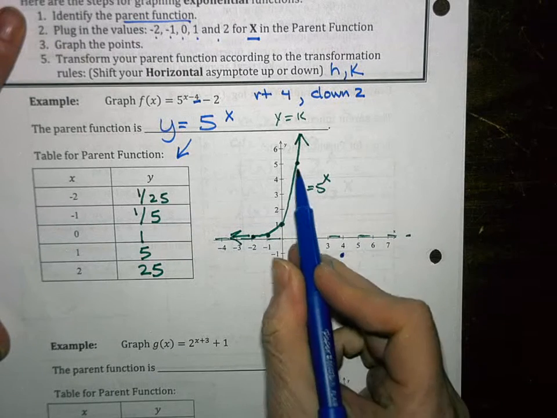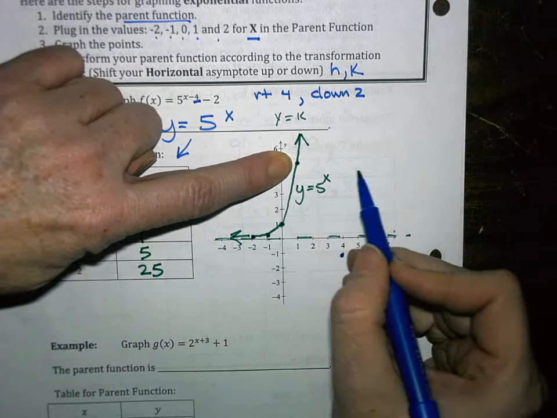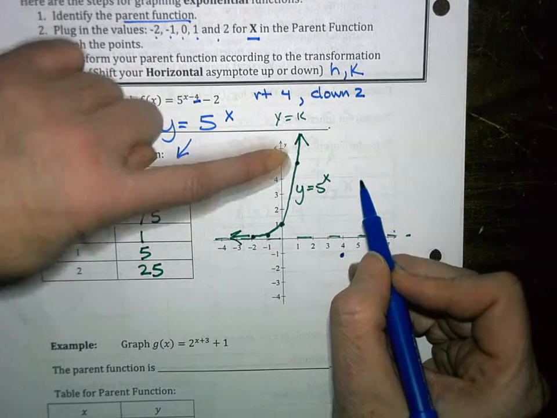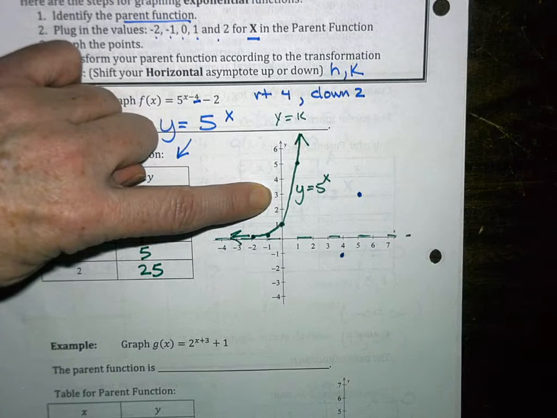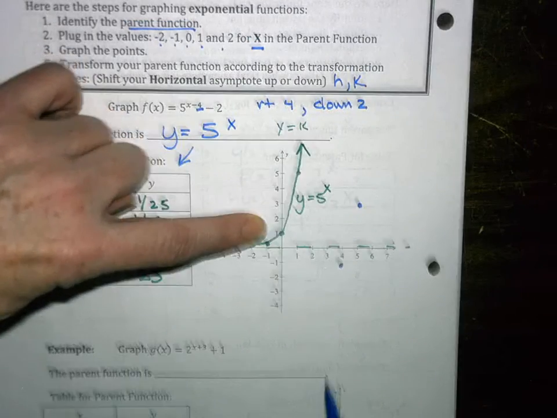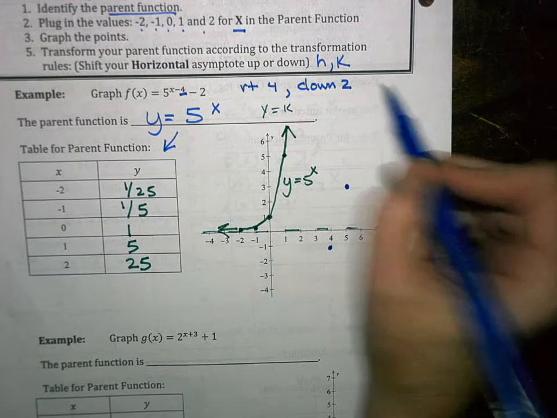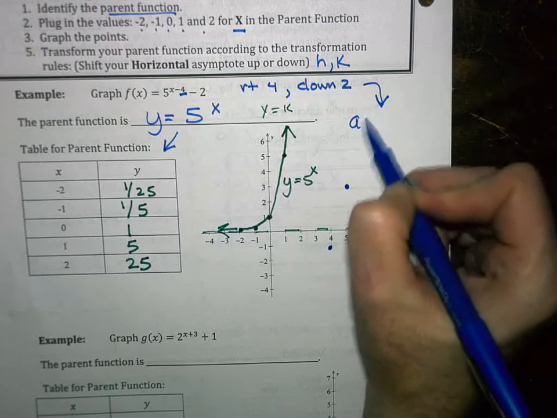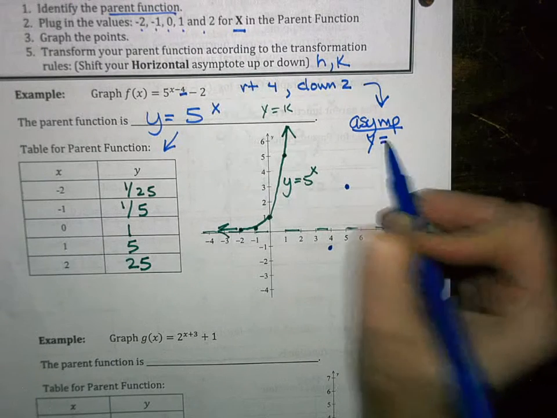I'm going to transform one other point. I'm going to take this point and go right 4: 1, 2, 3, 4. So that's at 5, down 2. So it's at 5, 3. I've transformed both of those points. Now before I draw my graph, I want to write in my asymptote. The asymptote of the transformed function is y equals what's k?